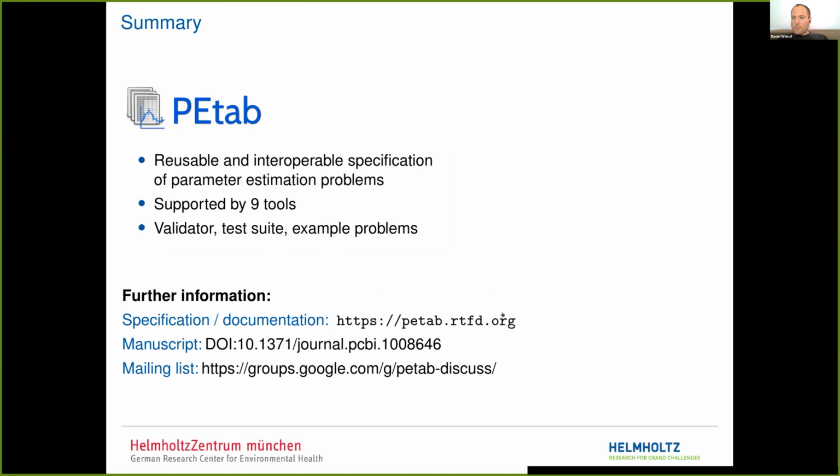So far, it's especially for optimization-based workflows, and a few tools support also sampling. Unfortunately, we don't have anything for structural identifiability on the list. We'd be very happy to also see some tool there that will support PTAB in the future.